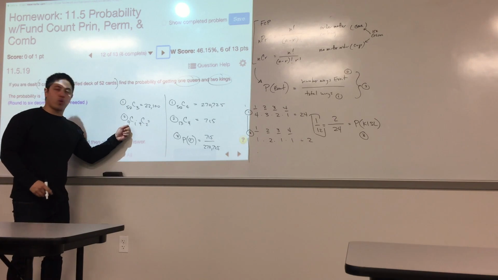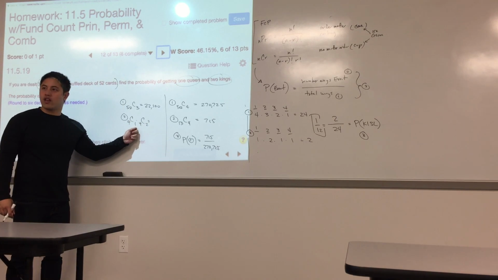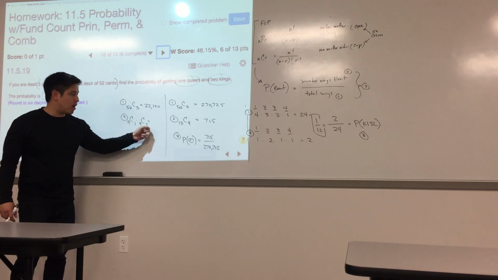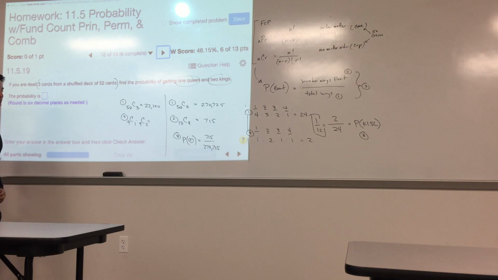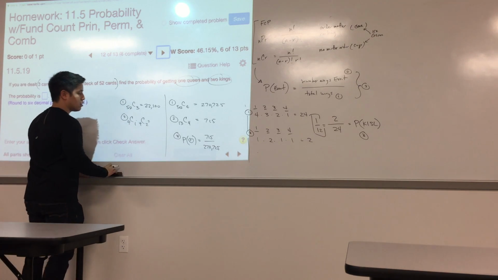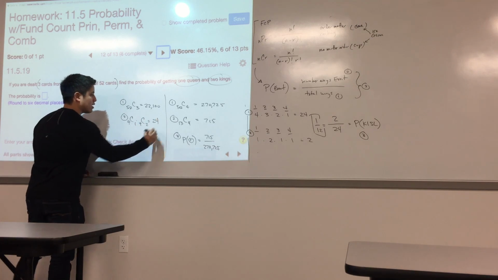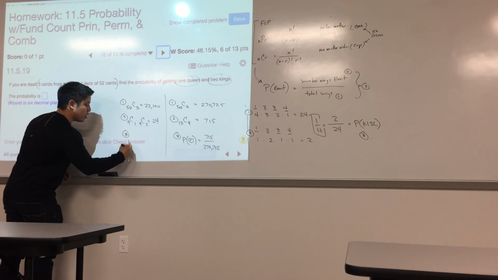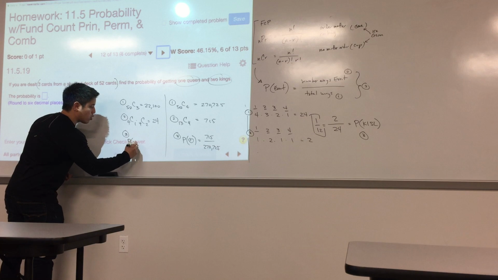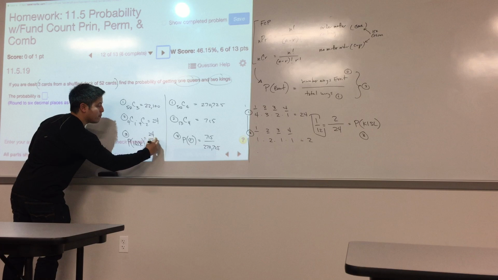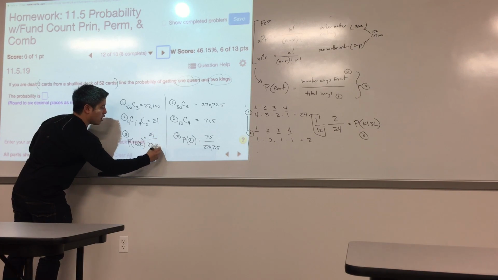You have 4 queens in a deck, you want 1 of them. You have 4 kings in a deck, you want 2 of them. How many possible ways can that happen? 24. Exactly. So the probability of getting 1 queen and 2 kings is 24 out of 22,100.